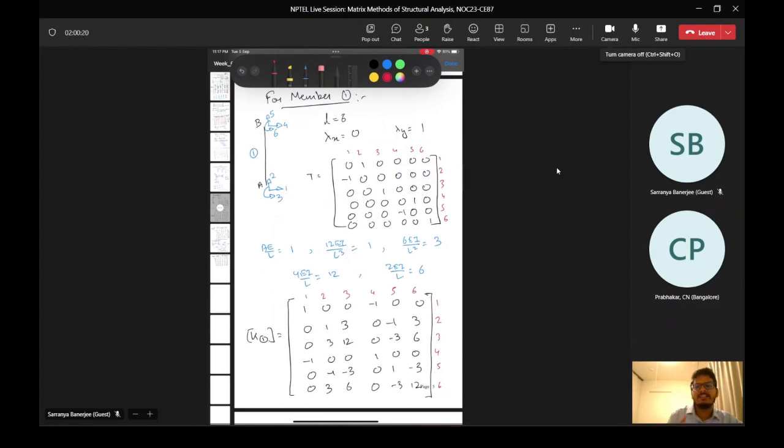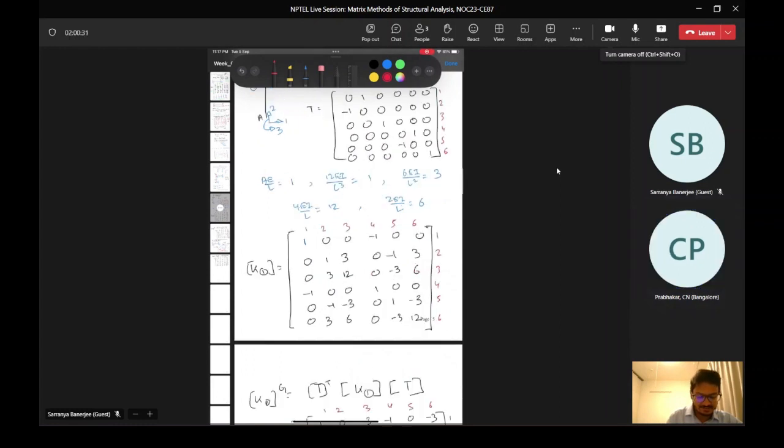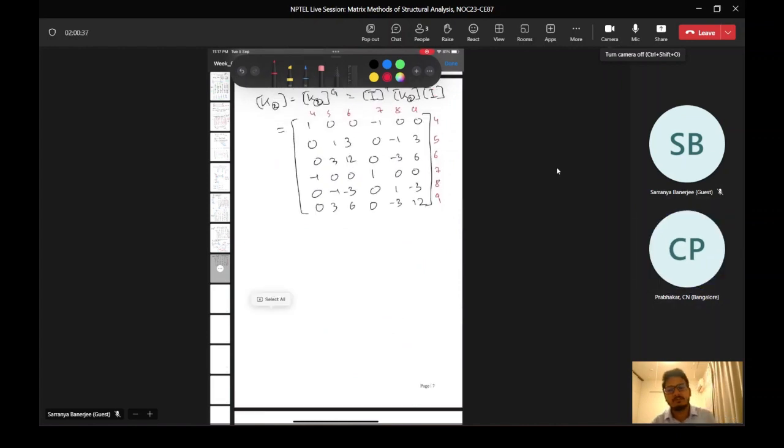There is only a change in direction. Otherwise, A, E, and L, everything is the same, provided the EI values are the same. So the element stiffness matrices are basically the same, but in the first case, there is some transformation. So these are the two element stiffness matrices.